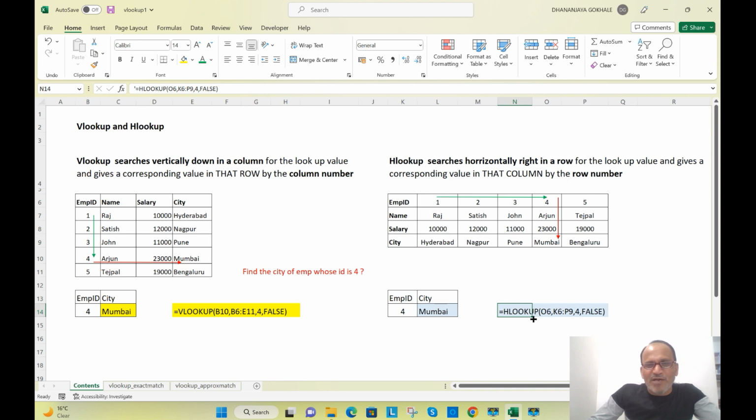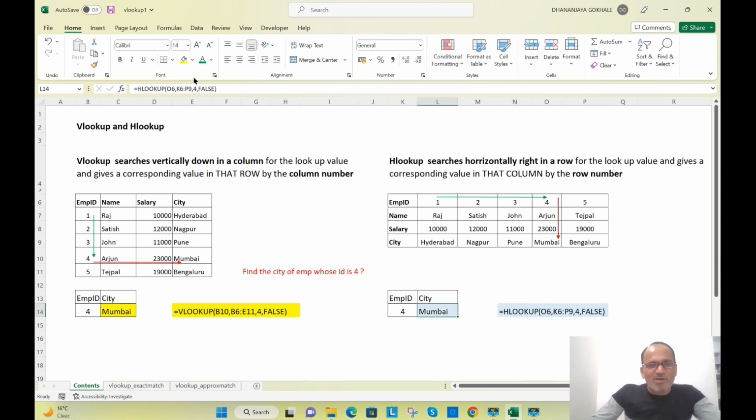So what are we looking up? We are looking up O6.